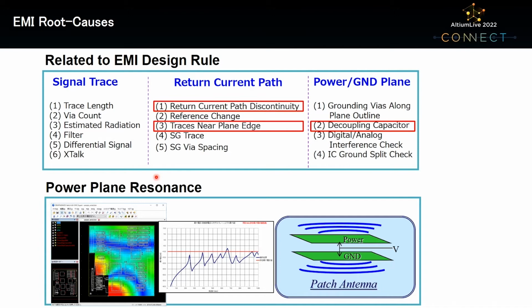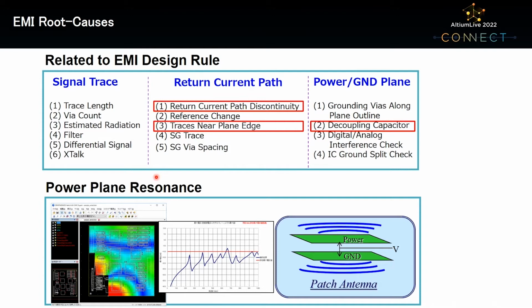However, return current load shorter than 5 mm is acceptable, and it is also effective to arrange capacitors to keep the return path. In addition, it is recommended that high-speed signal be routed at least 2 mm inside the plane edge. Decoupling capacitors must be placed near IC power pins.